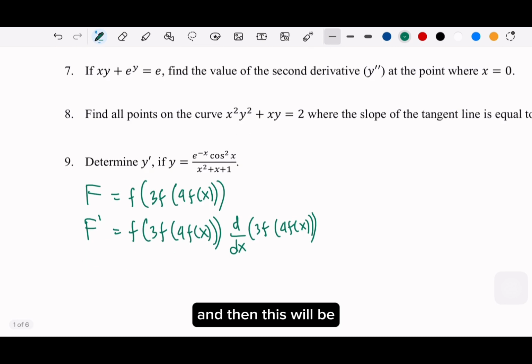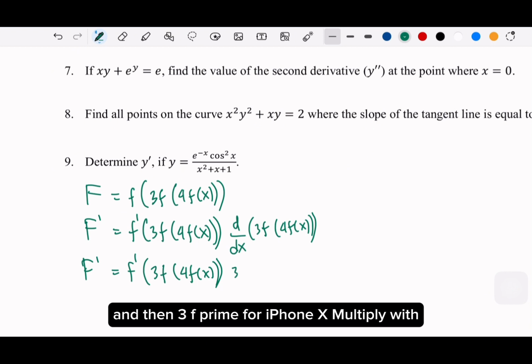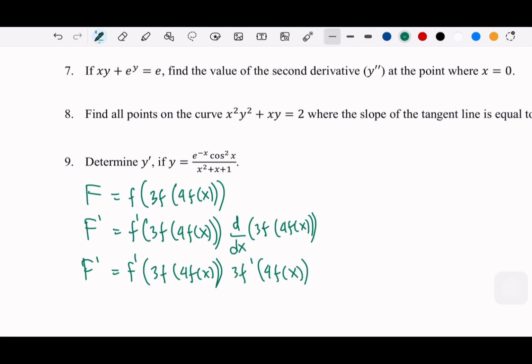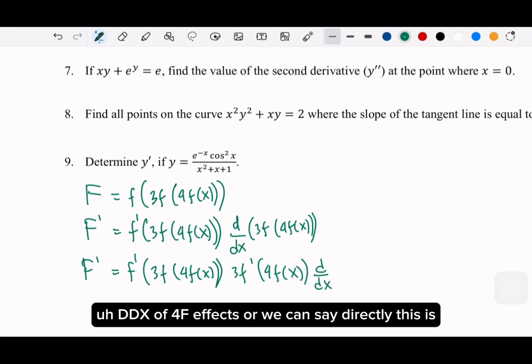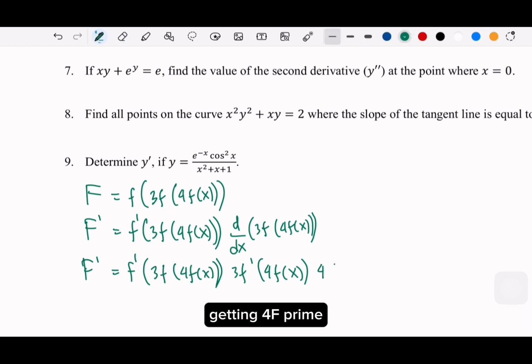And then this will be 3f of 4f of x, and then 3f prime of 4f of x, multiplied by d/dx of 4f of x, or we can say directly this is 4f prime of x.